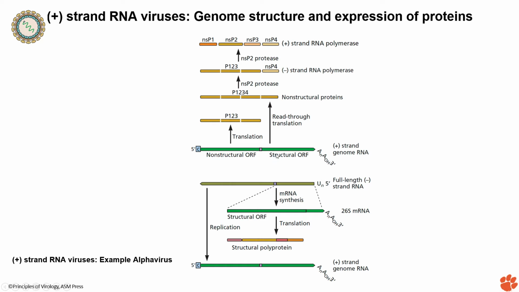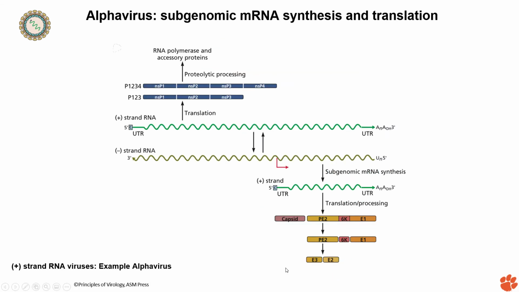The 3' end has a structural ORF, and this forms the subgenomic mRNAs to form the structural protein, and also the minor strand helps in the full-length genome RNA synthesis. And this is just a duplication of the previous slide. So this is the overview, and we will stop here.